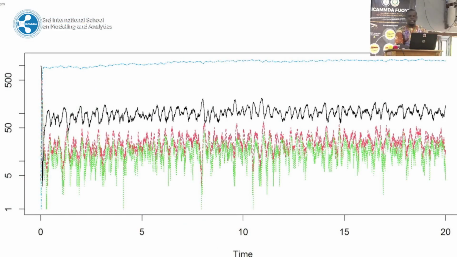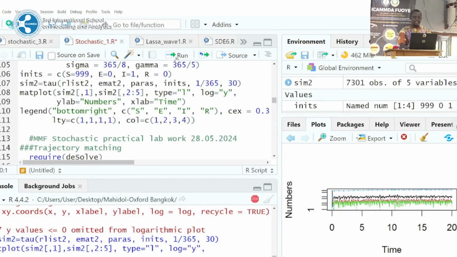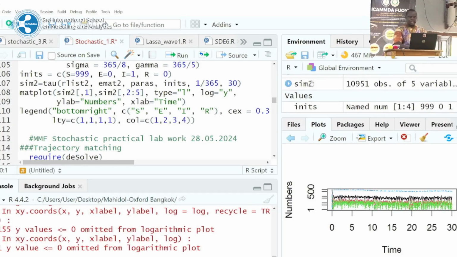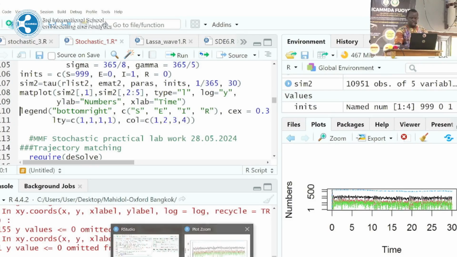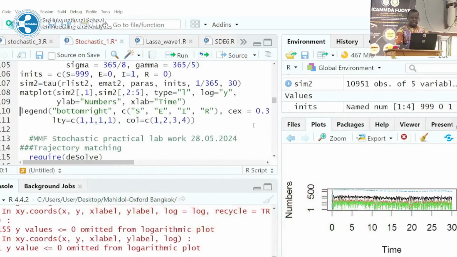Now I decide to increase it again to 30. It's going to take more time because you are asking it to run 30 times. The changing is getting more chaotic and unpredictable. So this is very strong. And then changing to 40.